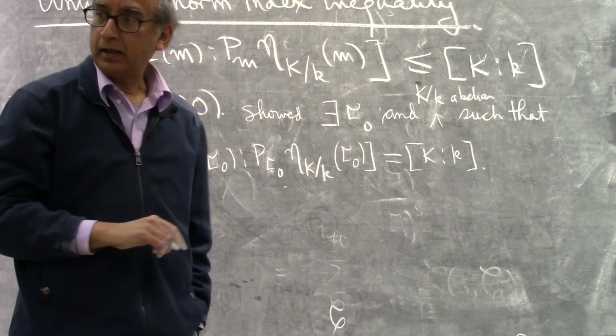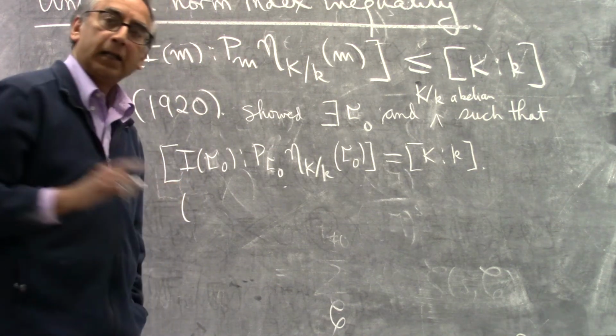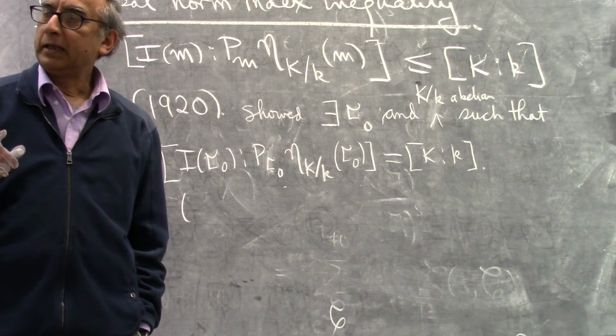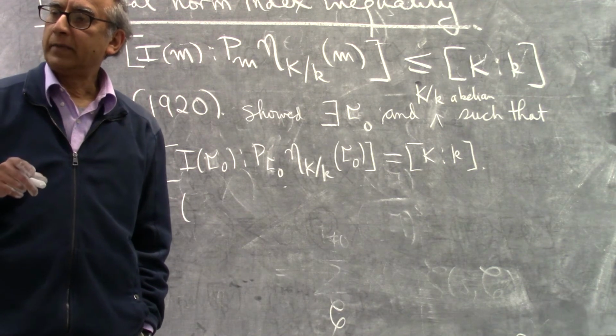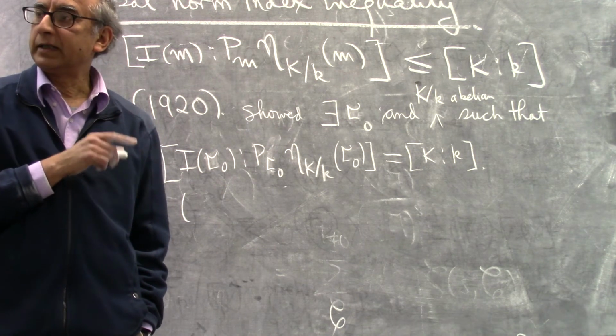I think somebody has a copy. Well, okay, you have a copy of Lang, but I think in Lang, at the critical moment in the proof of the reciprocity law, he refers to this as the universal norm inequality, and this is not right.